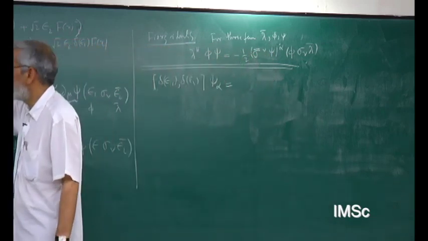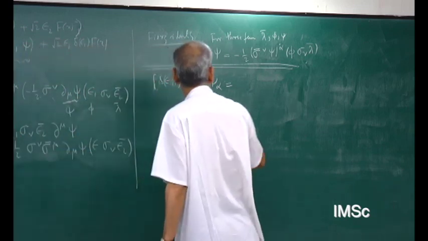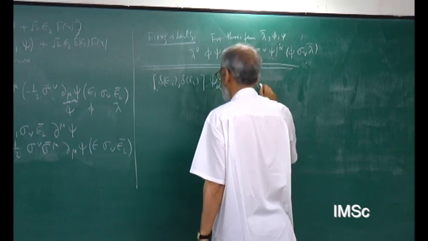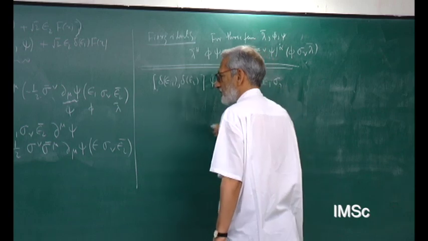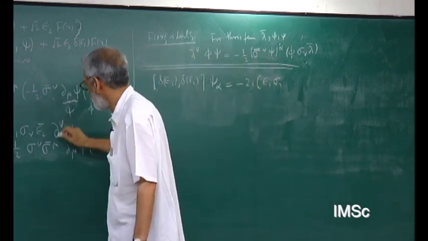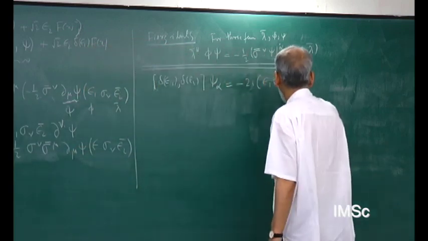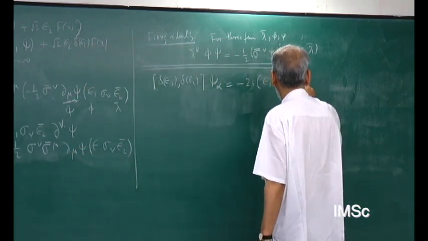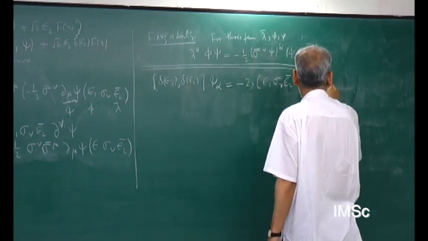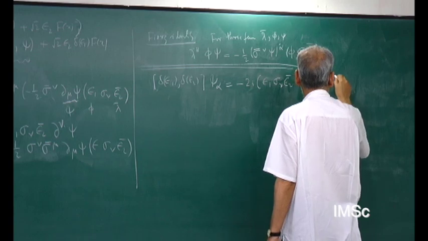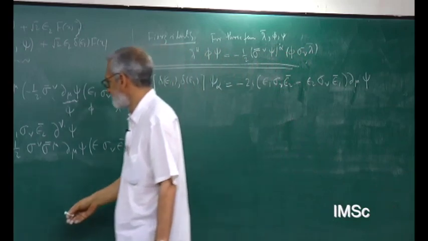Root 2 will give you a factor of 2, and there is an i here and there is a minus sign here. So minus 2i epsilon 1 sigma nu epsilon 2 bar, this is same as this, right? Because this was eta mu nu. And interchange will give me epsilon 2 sigma nu epsilon 1 bar times d mu psi. That's the first term.